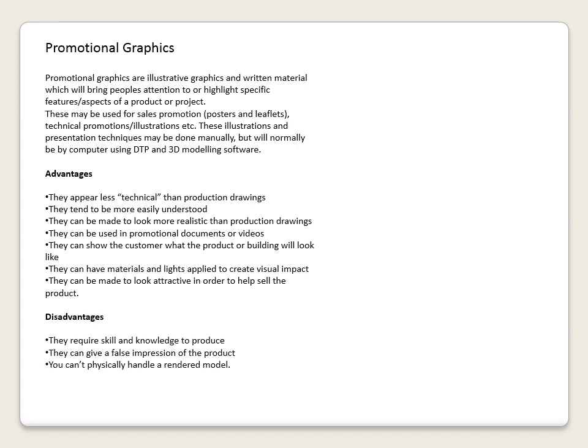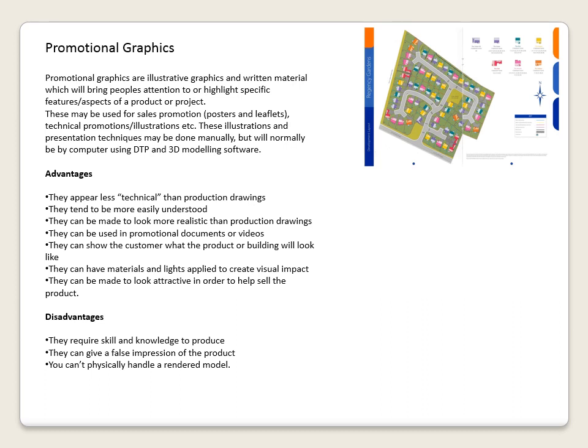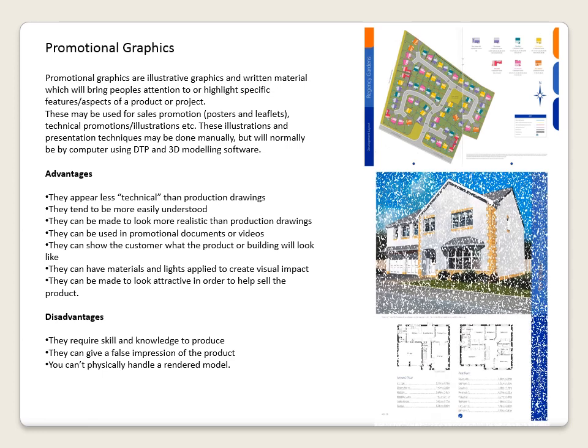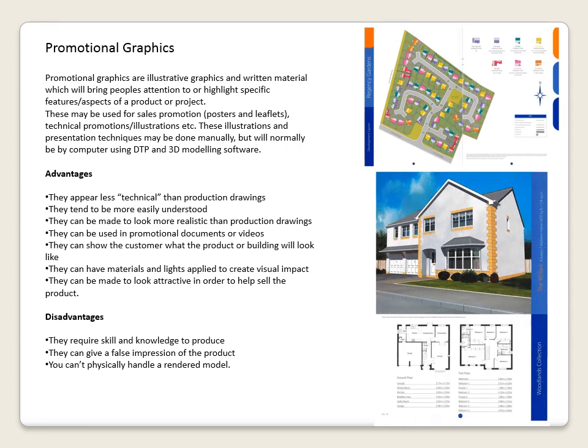Again, they do have some disadvantages. They require skills and knowledge to produce. They can give a false impression of the product. You can't physically handle a rendered model. So, looking at some promotional graphics, here we have in a building estate, this is the sort of thing you'd get in a brochure, which shows the layout of the estate, shows all the different houses, the roads, etc. And similarly, what you'd also get in one of these sales brochures is an animation of what the house looks like.